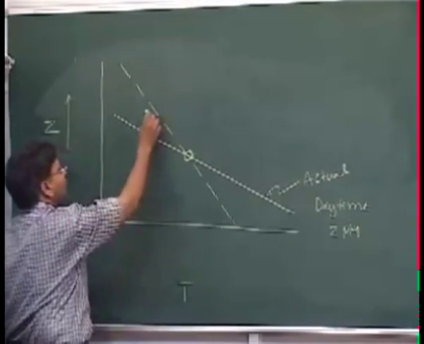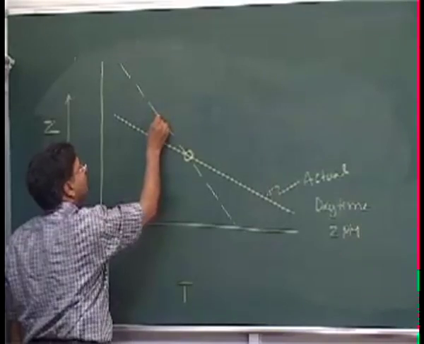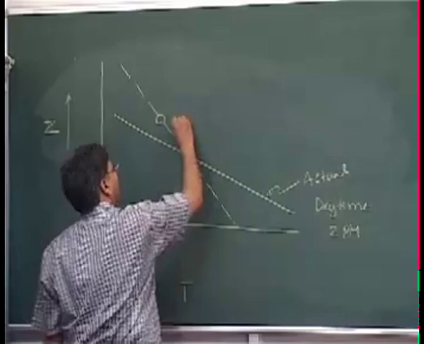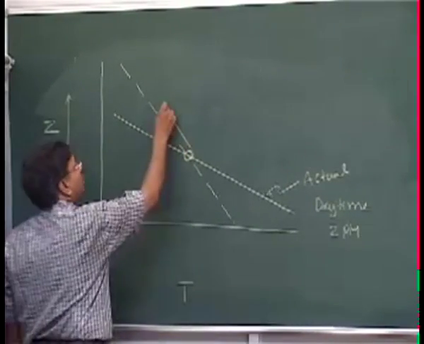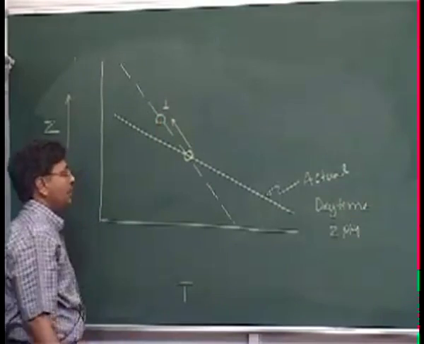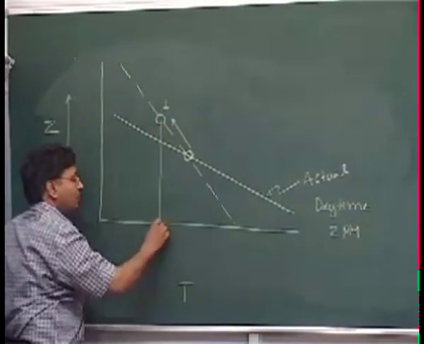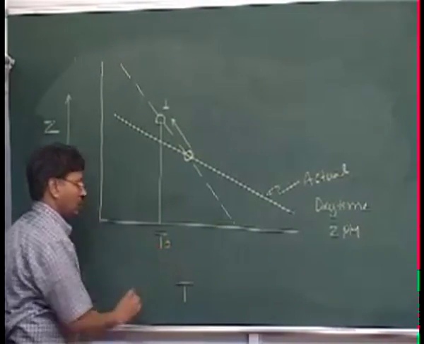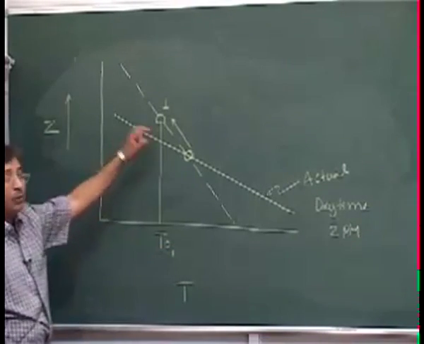So we pushed it up and it acquired this position, which I call situation 1. Corresponding to this, the temperature of the pollutant, let us call that Tp, at situation 1.